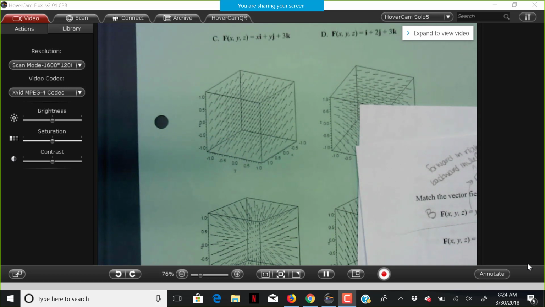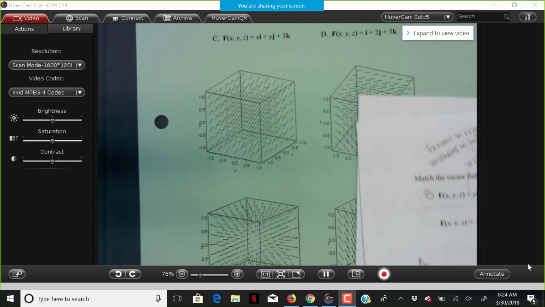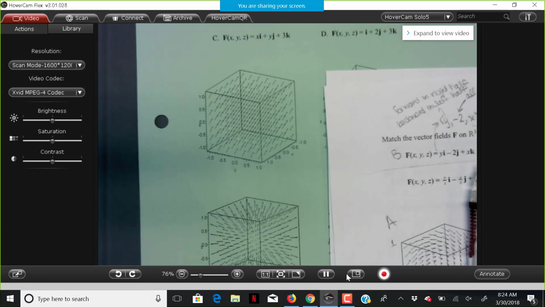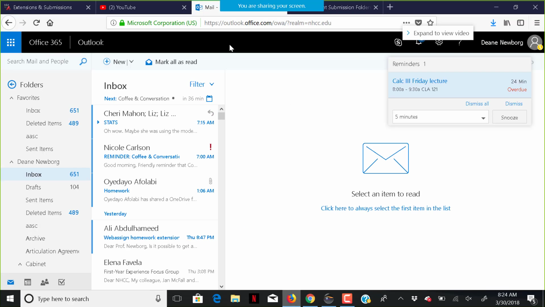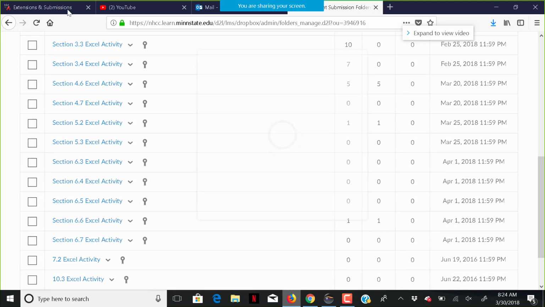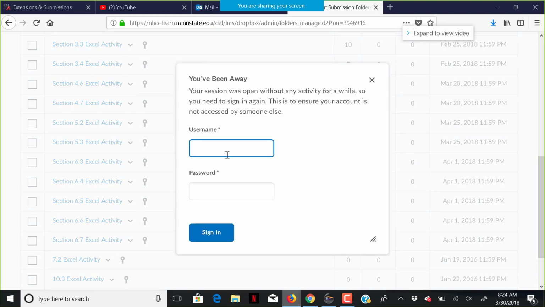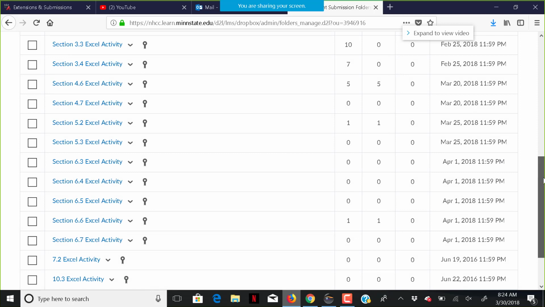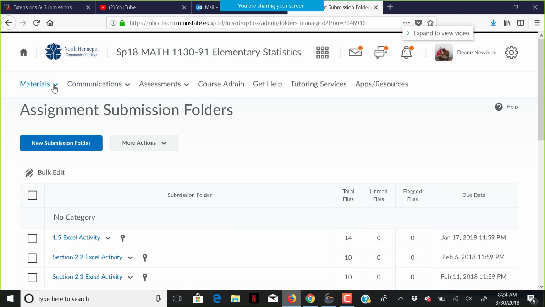Does it look like they're pointing towards the front of the room or the back of the room? That's what it looks like to me. Let me see if I have one. It's going to make me sign in. Okay, so I have this one saved actually.